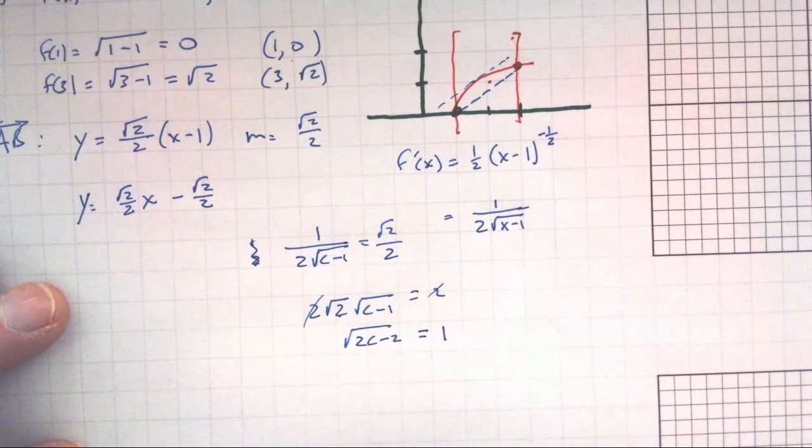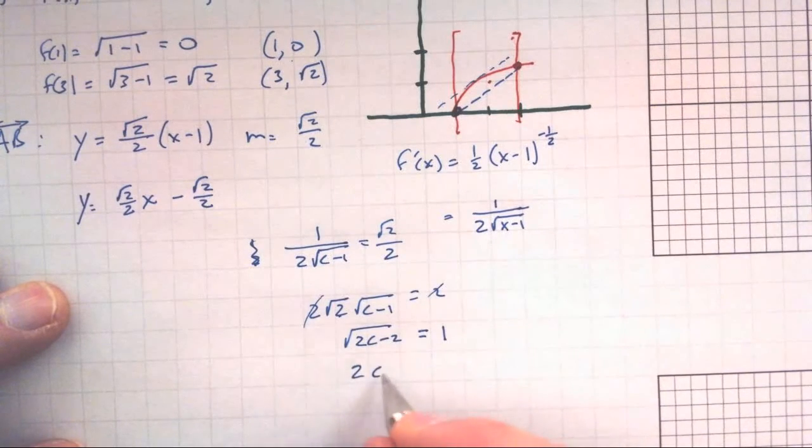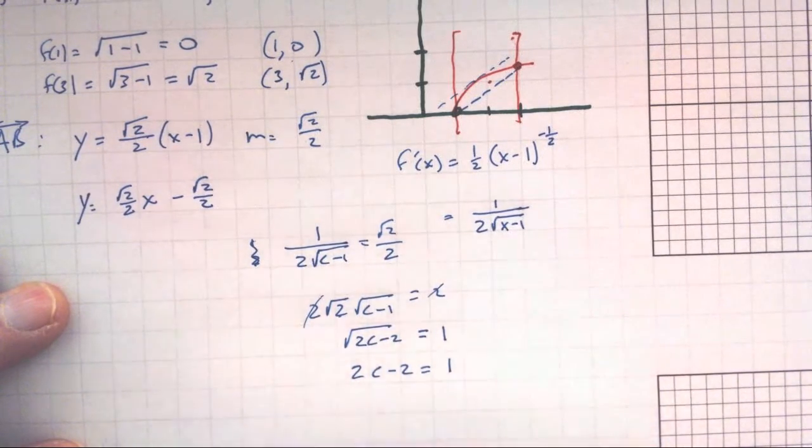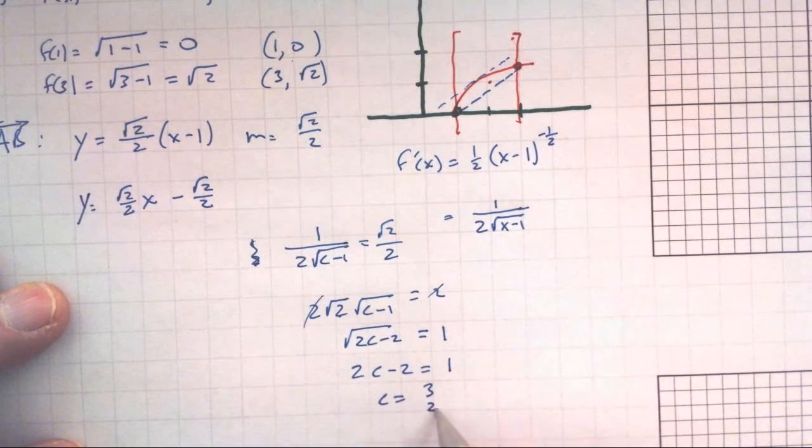If I square both sides, I get 2c minus 2 equals 1 still, and therefore I get c equals, add 2, I get 3, divide by 2, I get 3/2.